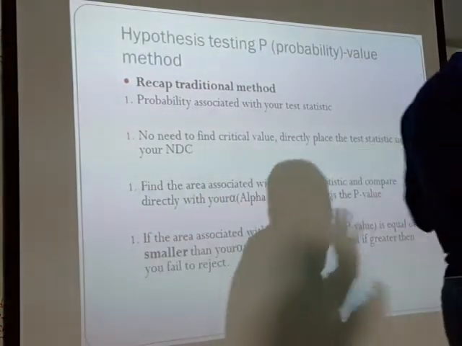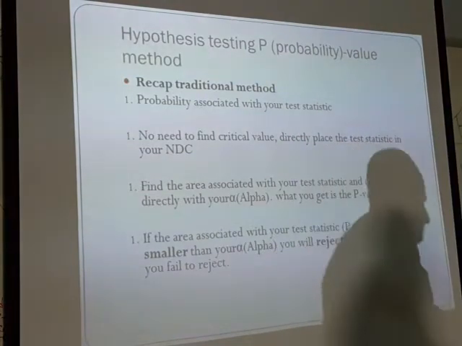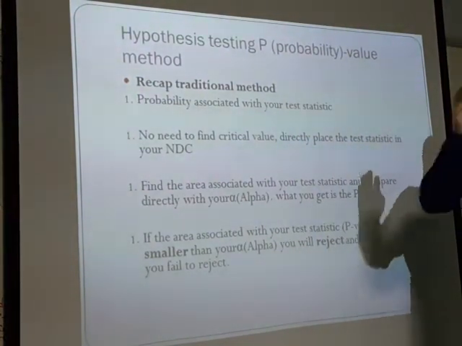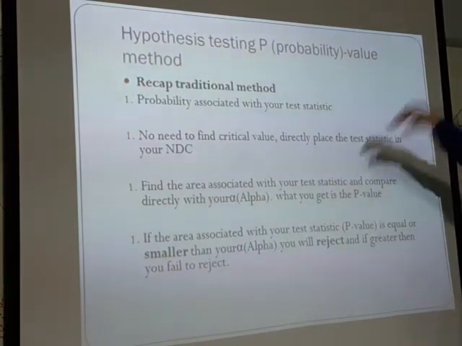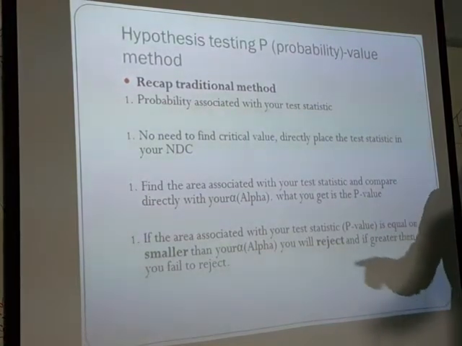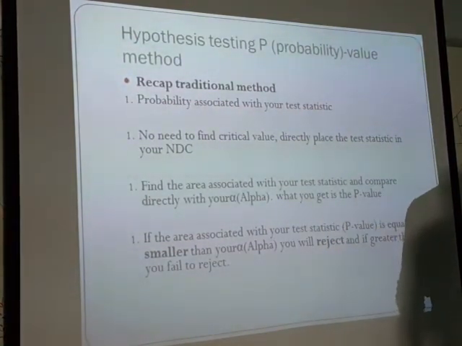Now another thing is that instead of calculating this critical value, getting the z-scores and other things, what you will do is put the value directly on the normal distribution. And I told you that the total area under this normal curve is 1. Isn't it 1? Yes.